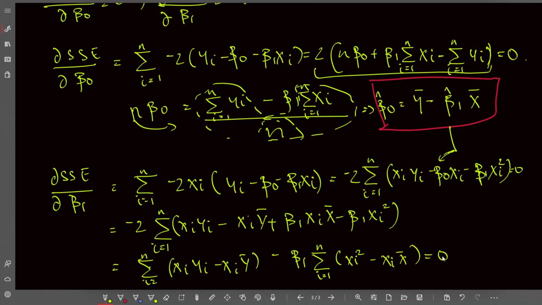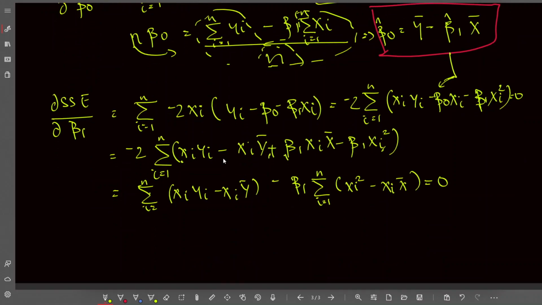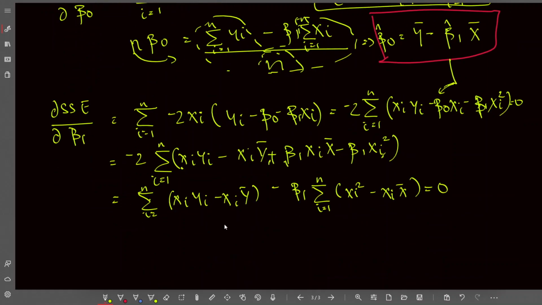This is equal to 0. All I've done is group these terms and expand, just opening it up a little. So now I have this equation.